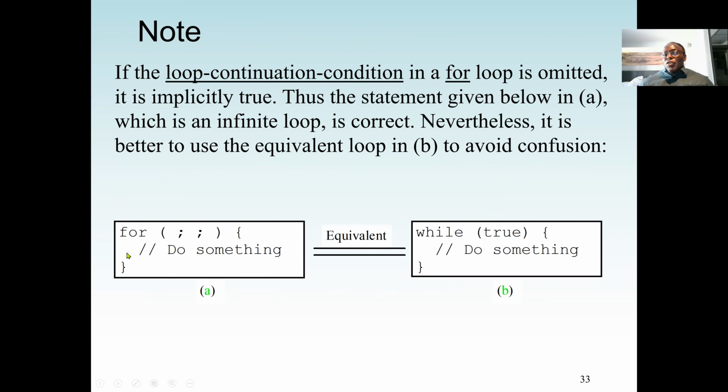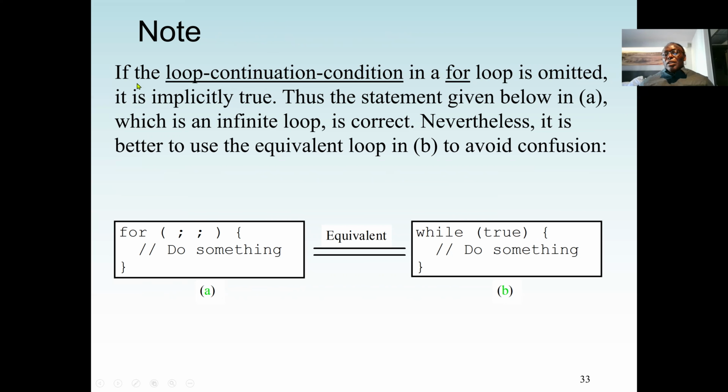So this is another for loop concept. When we have a for loop and we don't have any statement, we just have the two semicolons, which are the three parts of the for loop, this means the loop is always true. It's the same as writing while true. And this loop will execute forever because the condition is true.